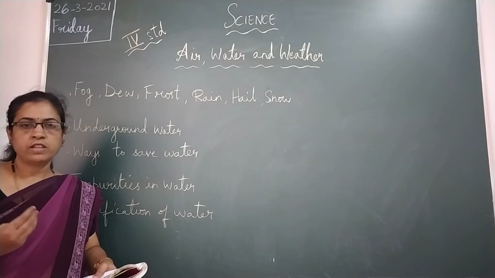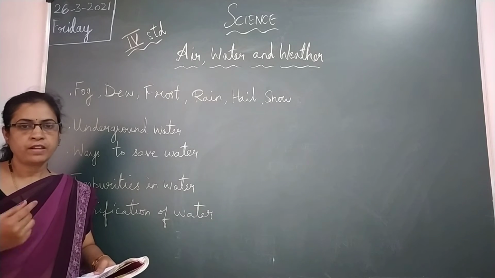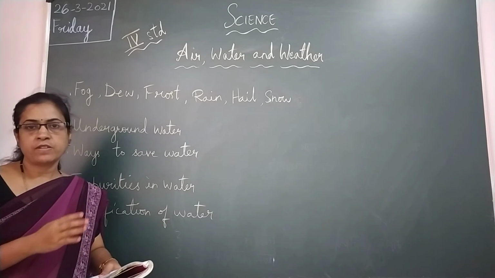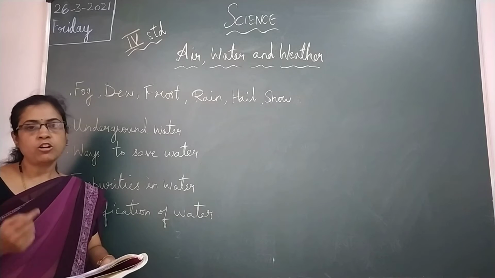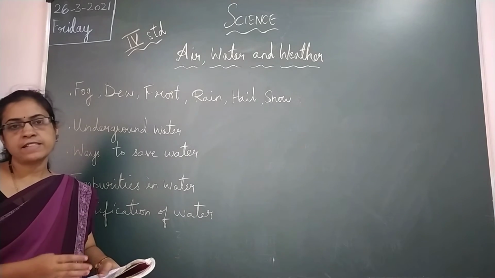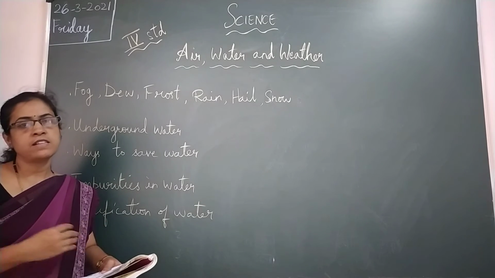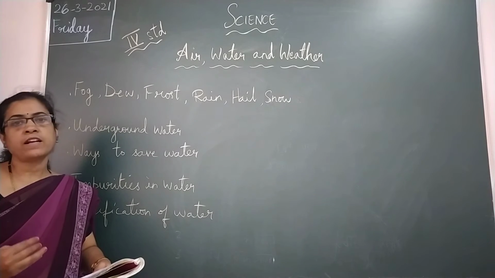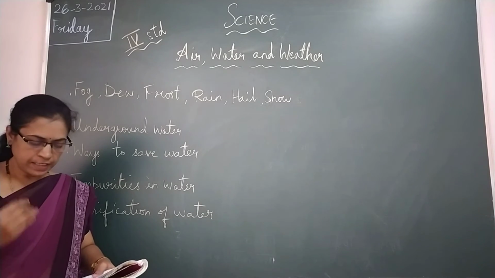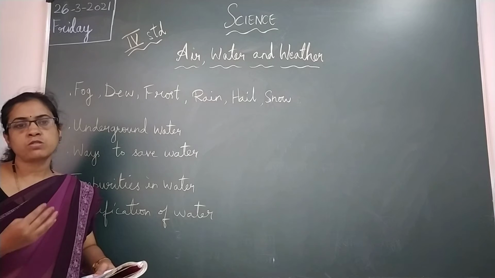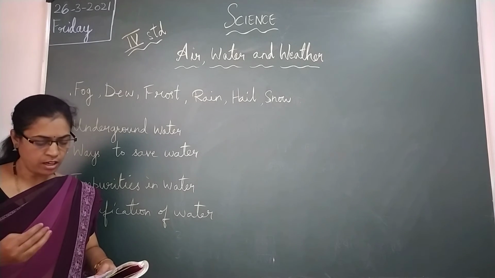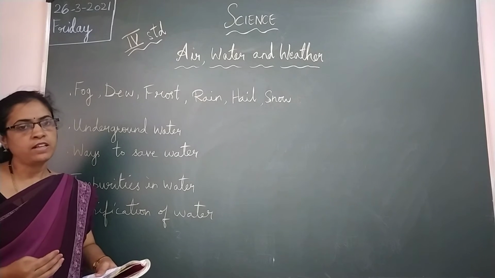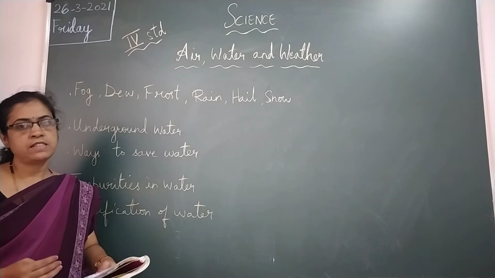Finally, it reaches the last layer, that is non-porous rocks, where water gets collected. Non-porous rocks do not allow the seeping of water further as they are hard. Thus, the collected water is known as underground water.